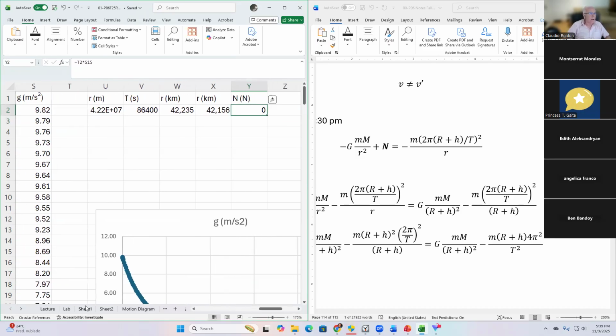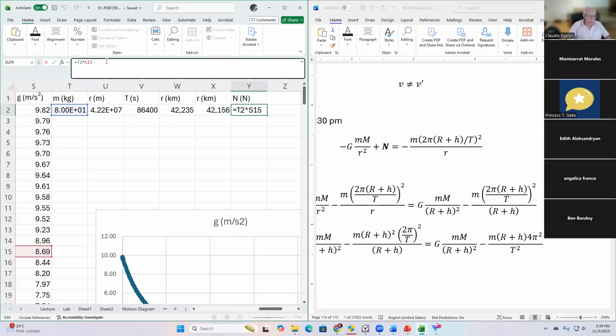I can tell you right now. Let me put the mass of my astronaut in kilograms, 80. So at that height, at 400 kilometers, it's not 800 newtons, it's a little bit less than 700 newtons. You see that? But now we have to subtract the effect of the centrifugal acceleration. And that is going to be what?